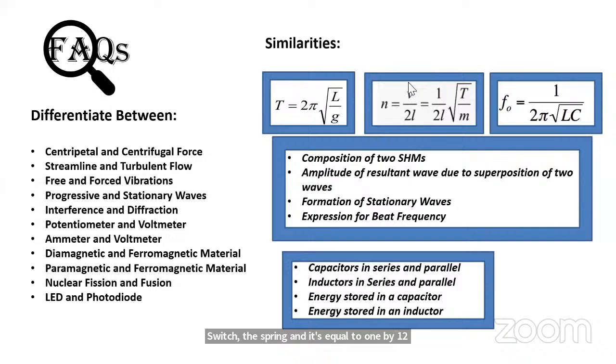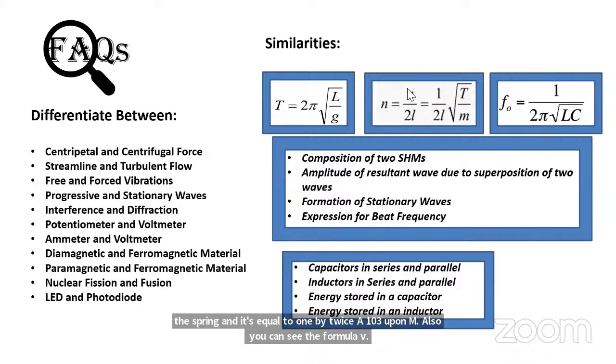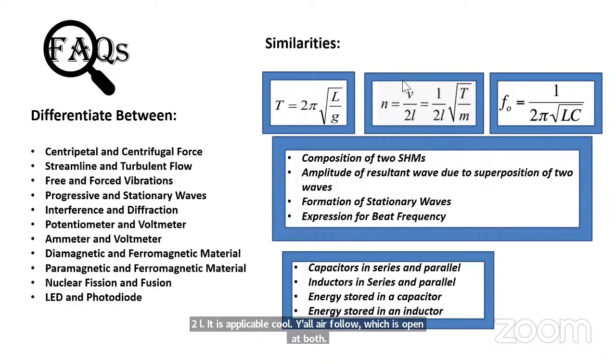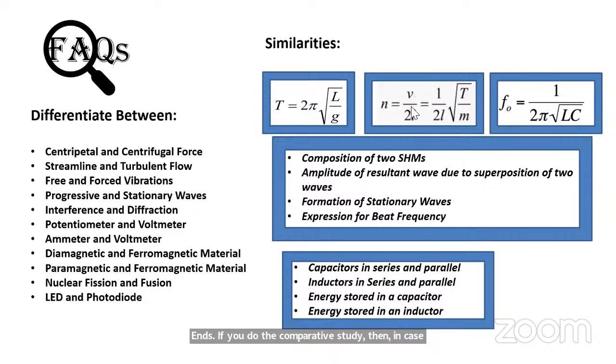Also, you can see the formula v by 2L is applicable for an air column which is open at both ends. If you do the comparative study, then in case of sonometer, all harmonics are present. Same is the case with an air column or the pipe which is open at both ends. So this formula v by 2L is also applicable for a pipe which is open at both ends.